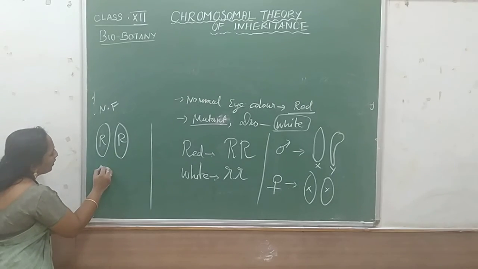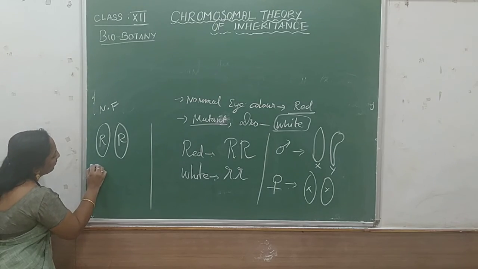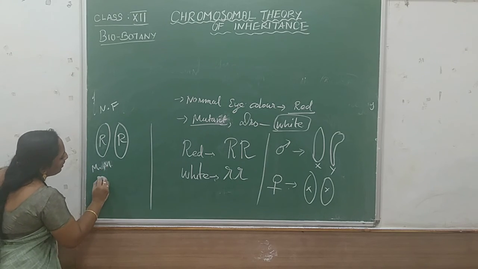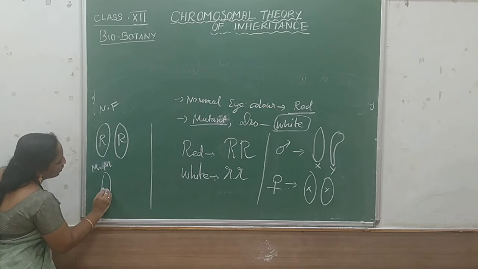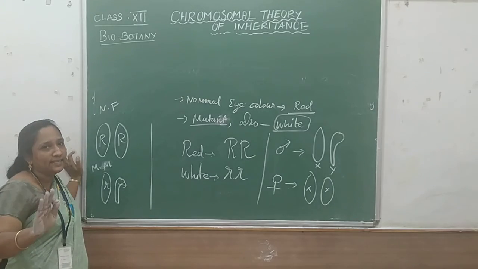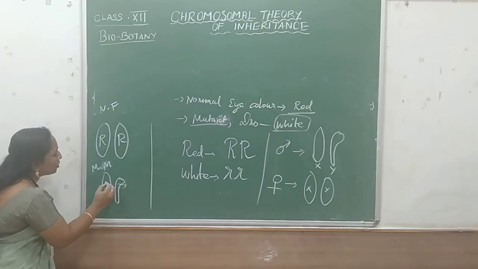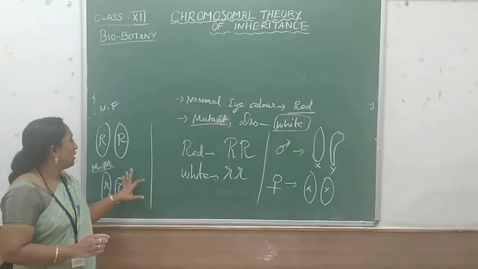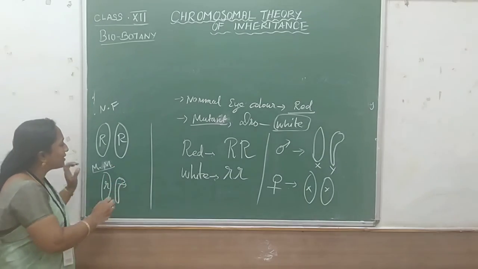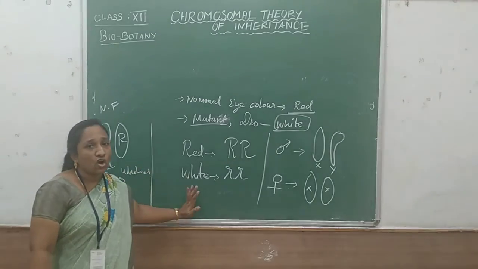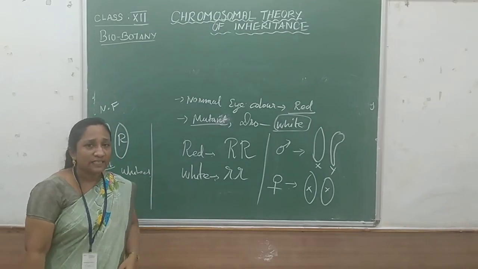The mutant male will have the small r. The Y chromosome doesn't carry any gene. So this will be called a mutant male Drosophila, with the mutant eye, that is white eye. We will see the cross in detail in the next lesson.